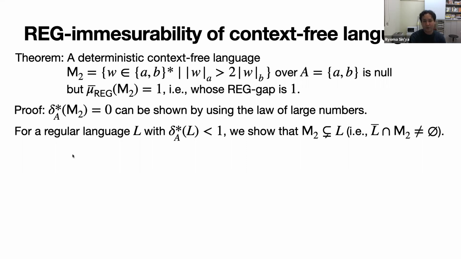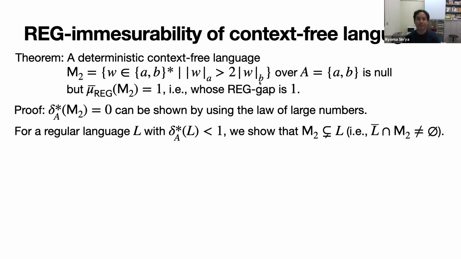Okay, so first, M2 is null. I mean M2 has density 0, which can be shown by just applying the law of large numbers, because the condition that the number of A's is strictly greater than twice the number of B's is very far from the average, because the average number of occurrences of A is always n over 2.